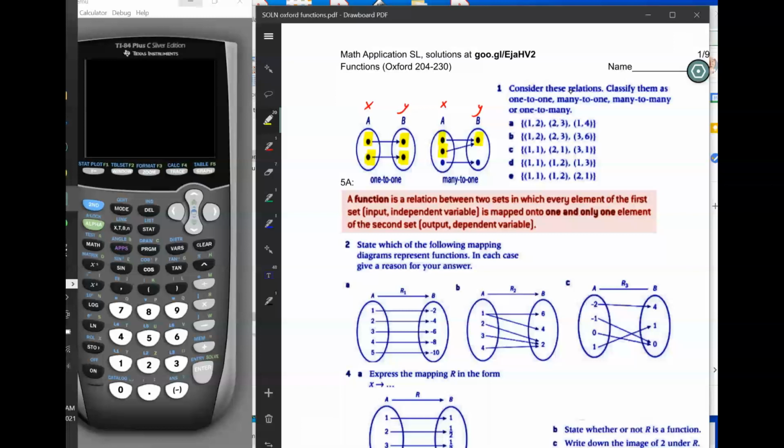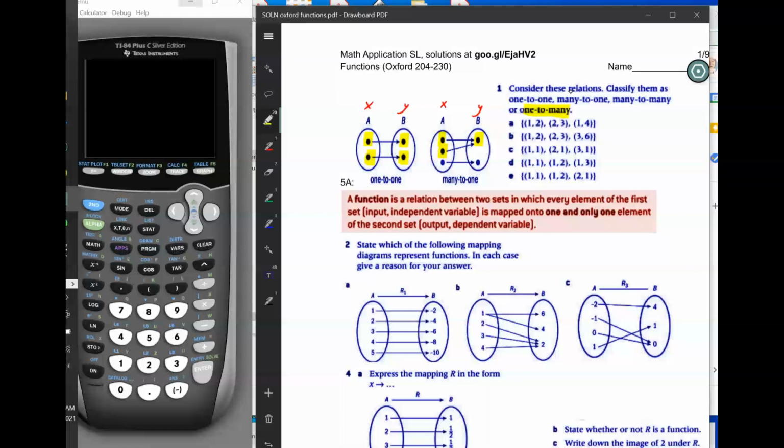So two X's mapped to one Y. Okay, so you can imagine what would be one-to-many, for example. One-to-many would be that you have one element in the X group mapped to two or more elements in the Y group.